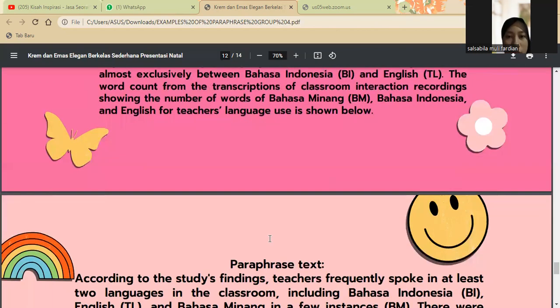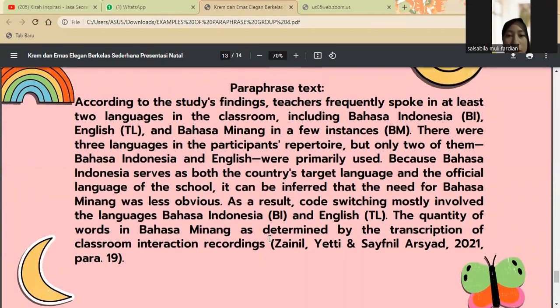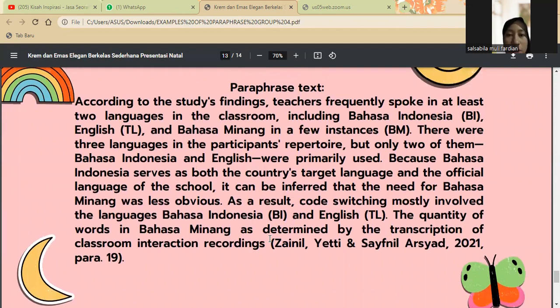Next. The next is the paraphrased text. According to the study's findings, teachers frequently spoke in at least two languages in the classroom, including Bahasa Indonesia and English, and Bahasa Minang in a few instances.